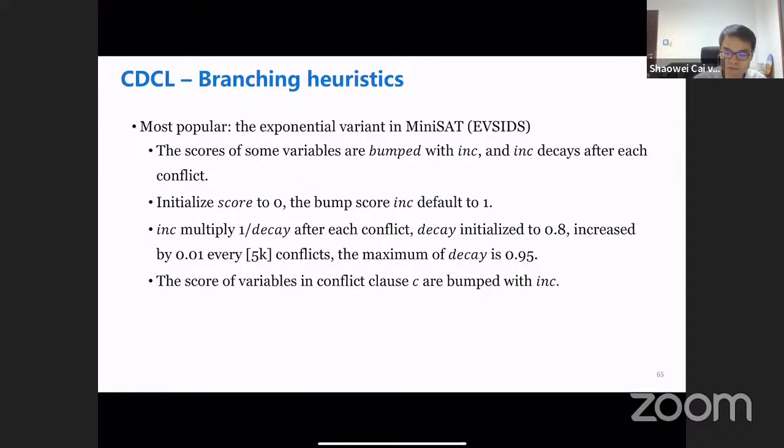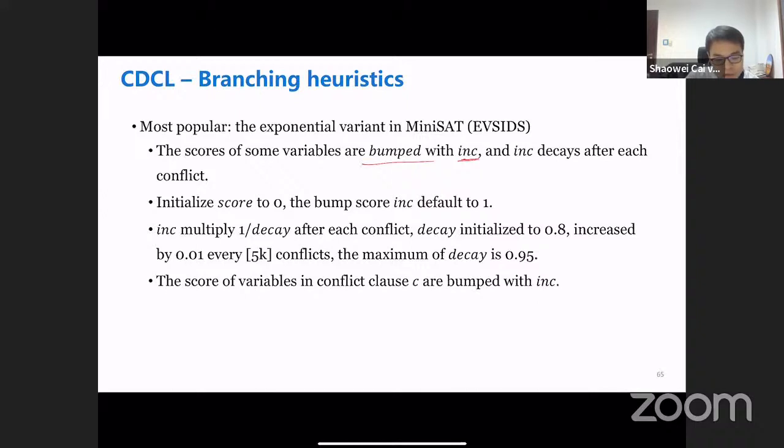Among the variants of VSIDS, the most popular one is the exponential variant, first proposed in MiniSat. Here are the rules in this EVSIDS. The score of some variables is bumped, actually increased, with a constant, and then this constant decays after each conflict.